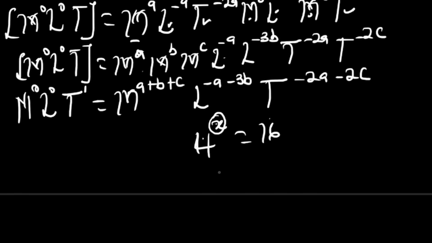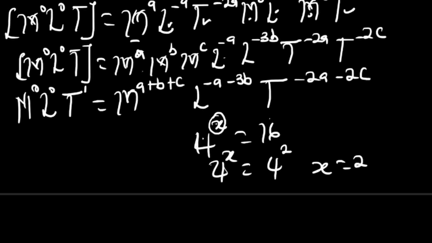You simply say, okay, 16 can be written in the form of, here we have 4 to the power of x is equal to, 16 can be written as 4 to the power of 2, right? Correct. So what we do in this case is, since the bases are the same on both sides, we simply equate their powers.